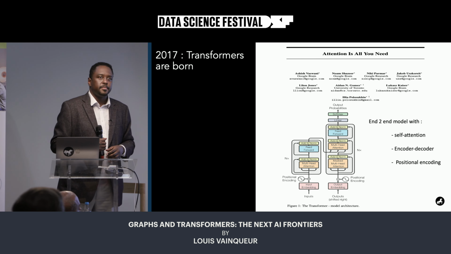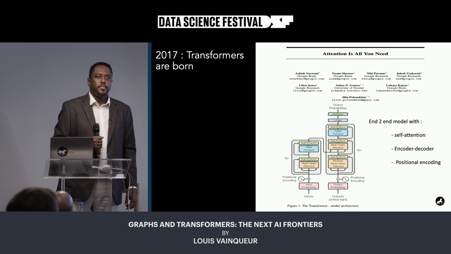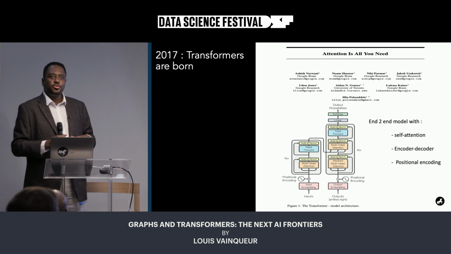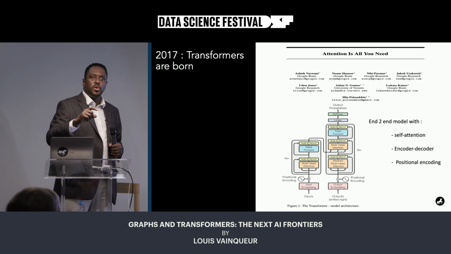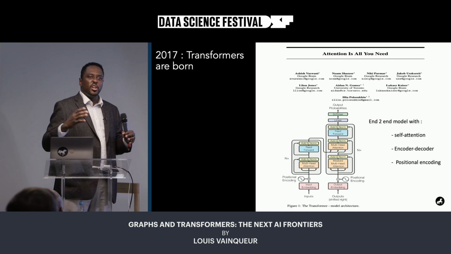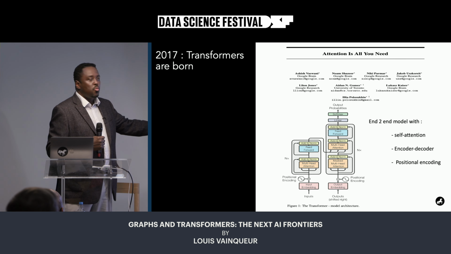Yes? Are all translation challenges the same, or are there particular challenges translating from one language to another? That's an interesting question, because one thing that Google in particular has been working on is the fact that you could create multi-language models, because in the end you have word vectors.